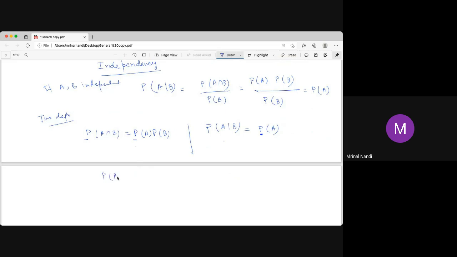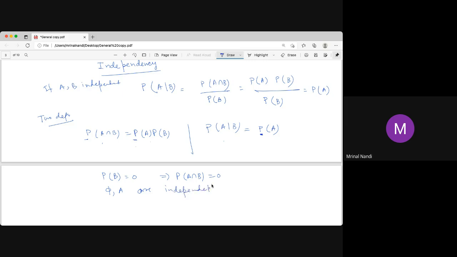So the left hand side is 0, the right hand side is 0, and equality holds. That means if probability of B is 0, then any set A and B must be independent by definition 1. But by definition 2 it is undefined. So phi and any set A are independent.